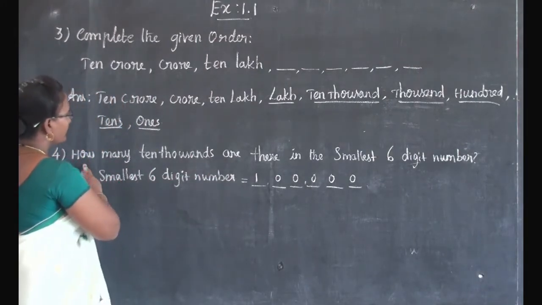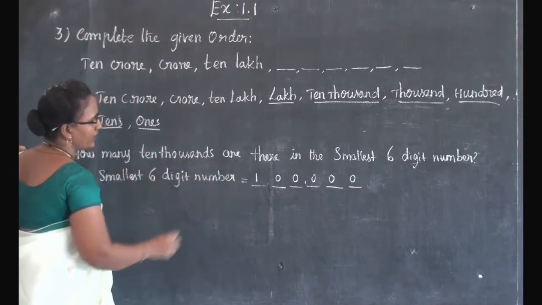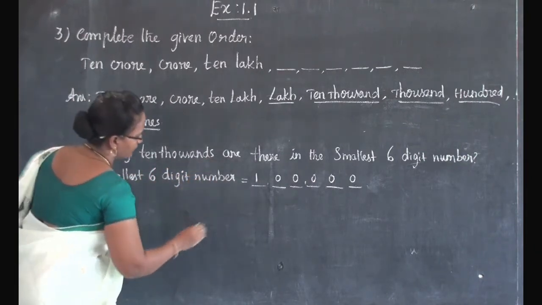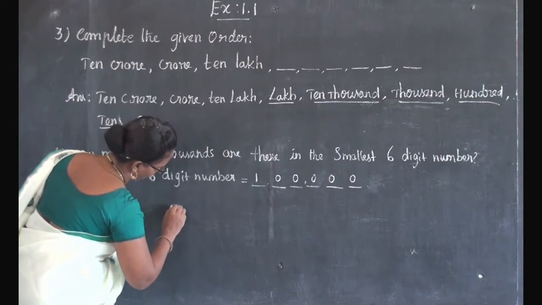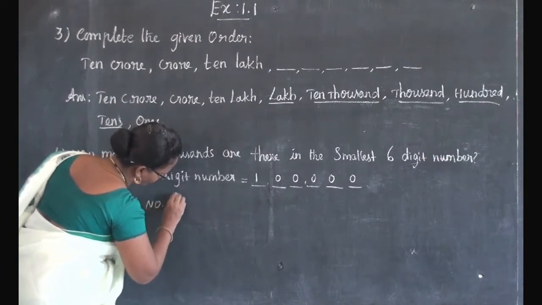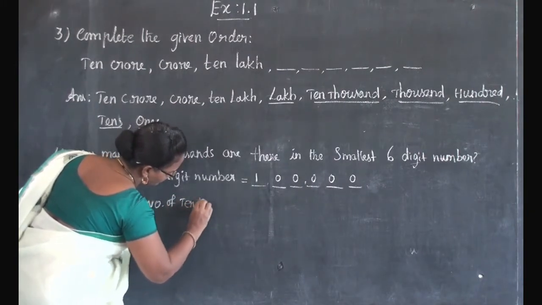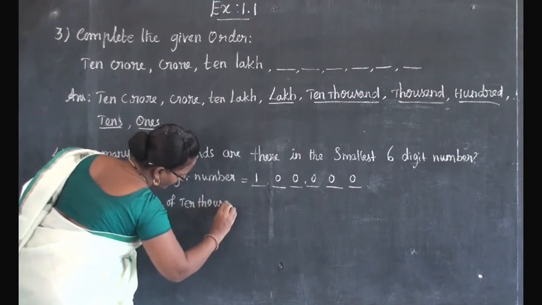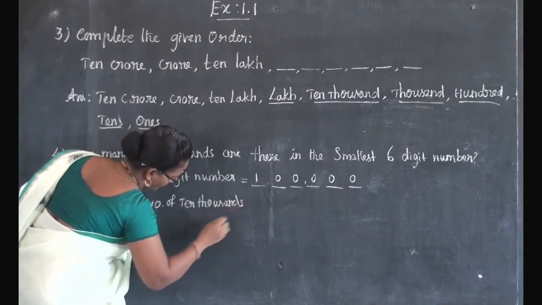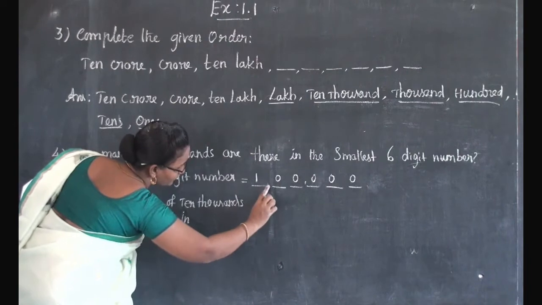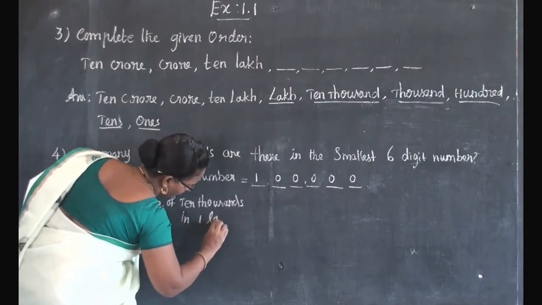Then what's the question? How many 10,000s are there in the smallest 6-digit number? It means the number of 10,000s in 1 lakh.